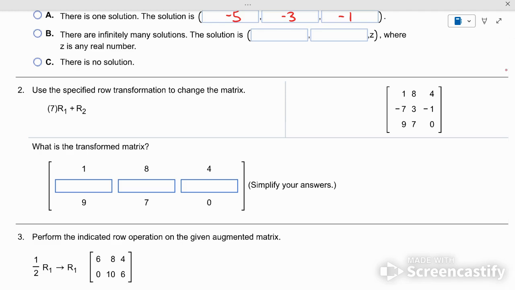So if we multiply this by 7, this becomes 7, 56, and 28. Now if we add, we get 0, 59, and 27. This sets us up for what is called row echelon form that we'll get to in just a little bit.